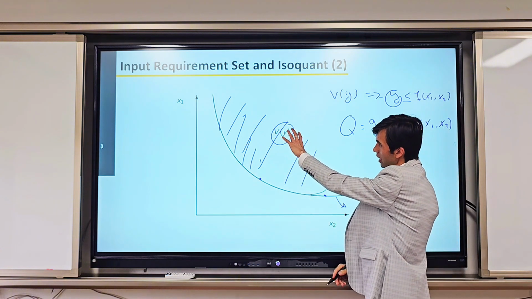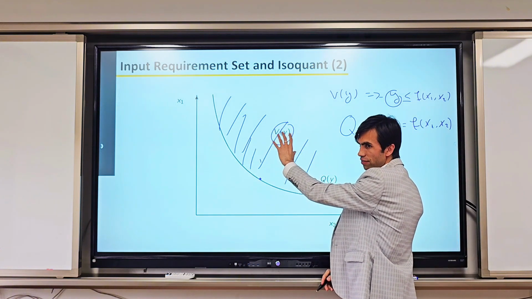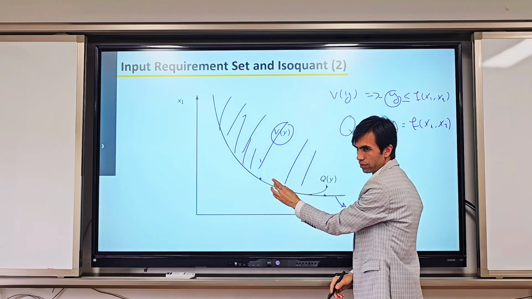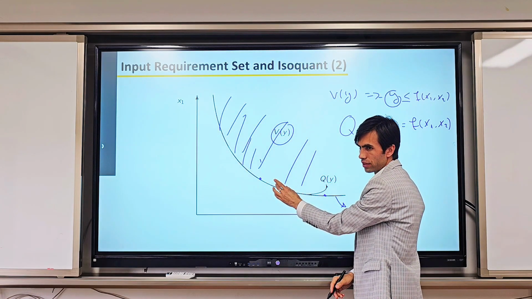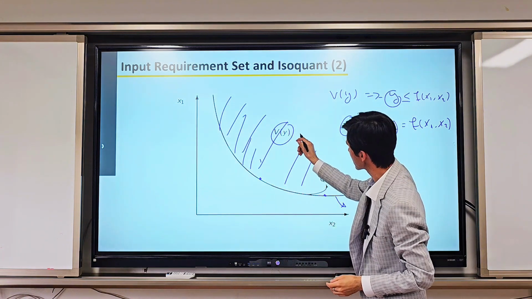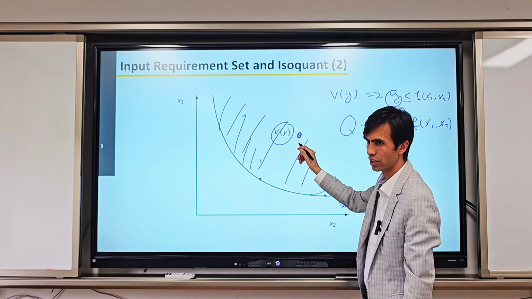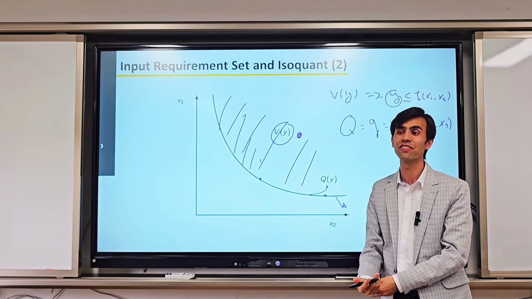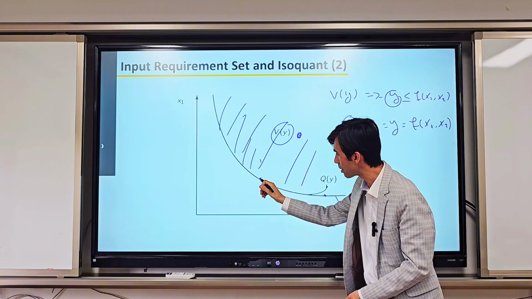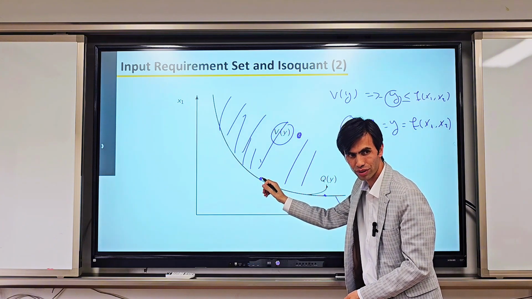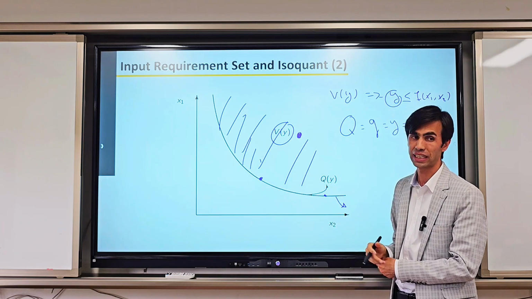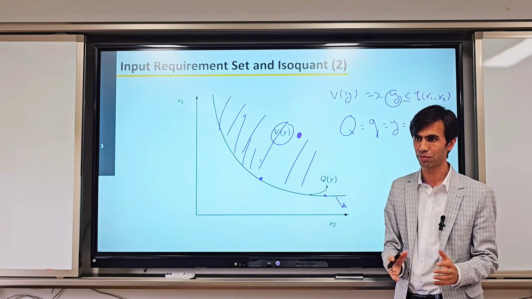It means by the combination of these factors, at least we can produce this output. At least we can produce this output. But when we use a combination like this, it means we are using an inefficient way. Because we could use this combination to produce that output, but now we are using this combination to produce that output. But it's feasible, it means we can.